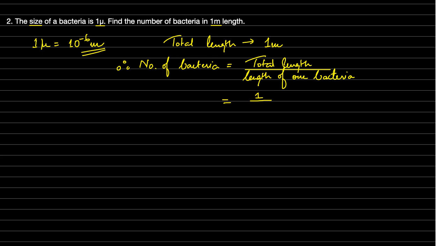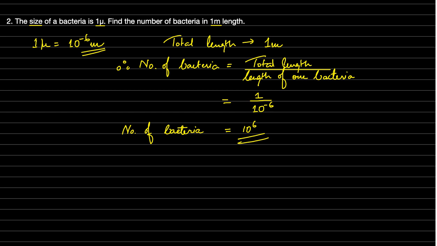We just got it in meters as 10 to the power of minus 6. So the number of bacteria is going to be 10 to the power of plus 6.